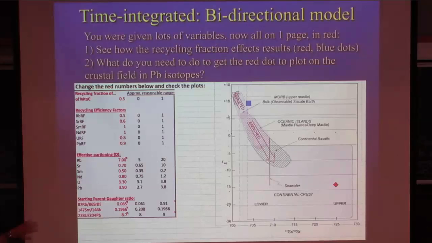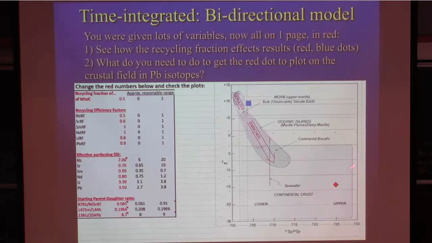So I put all the variables in this box here. And so the goal is basically you have two things we're trying to make. We're trying to make a mantle component and a crustal component. So there's a blue dot and a red dot. The whole idea is to see how changing some of these variables affects where the end points are.